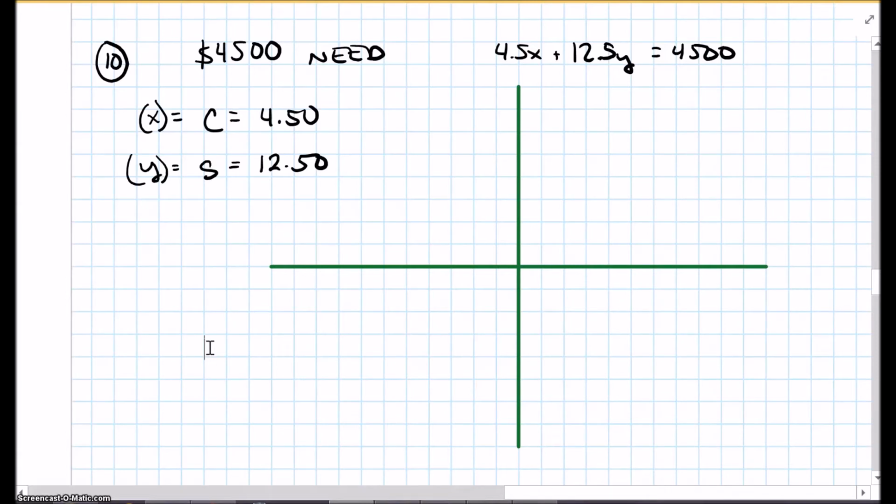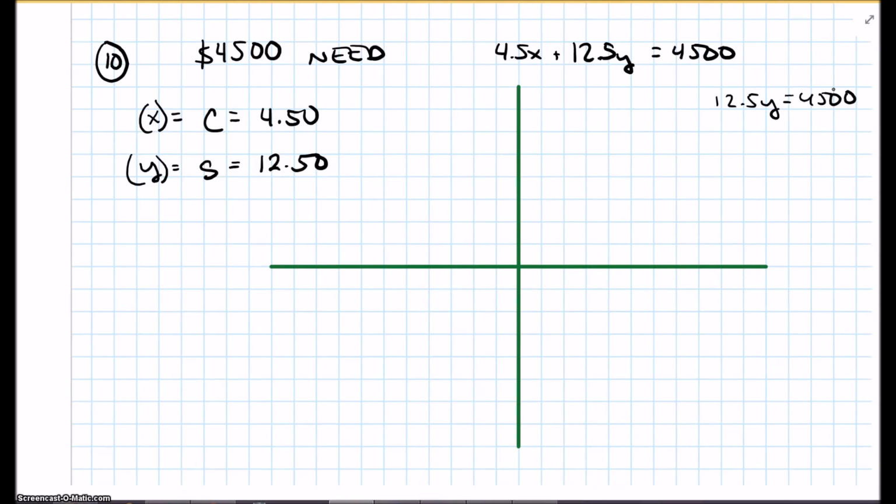Okay? So when x equals 0, 12.5y equals 4,500. Divide each side by 12.5, and you get 360. So y equals 360 when x equals 0.